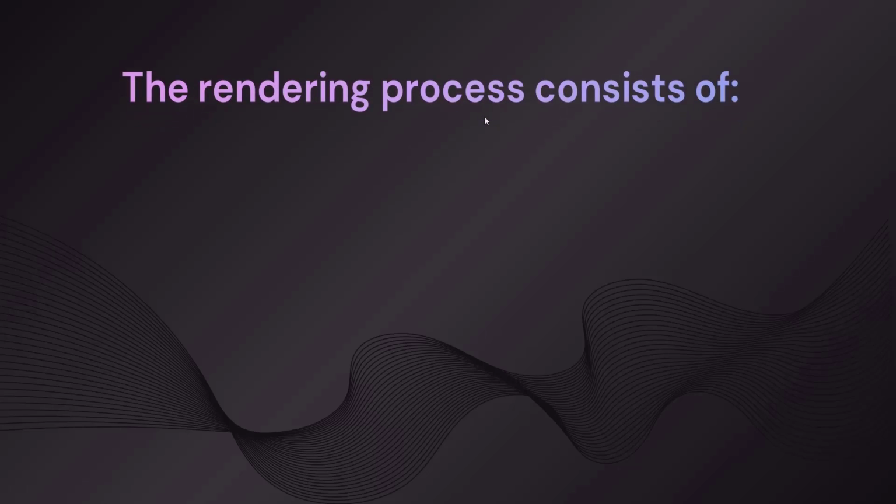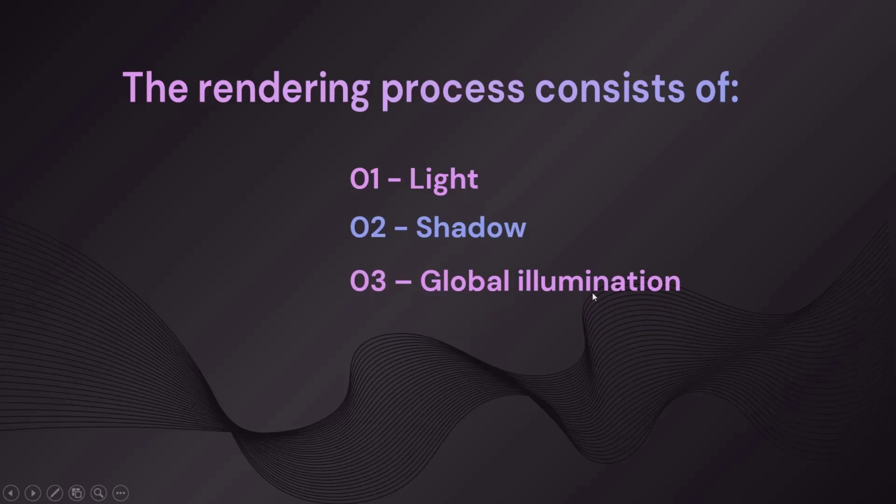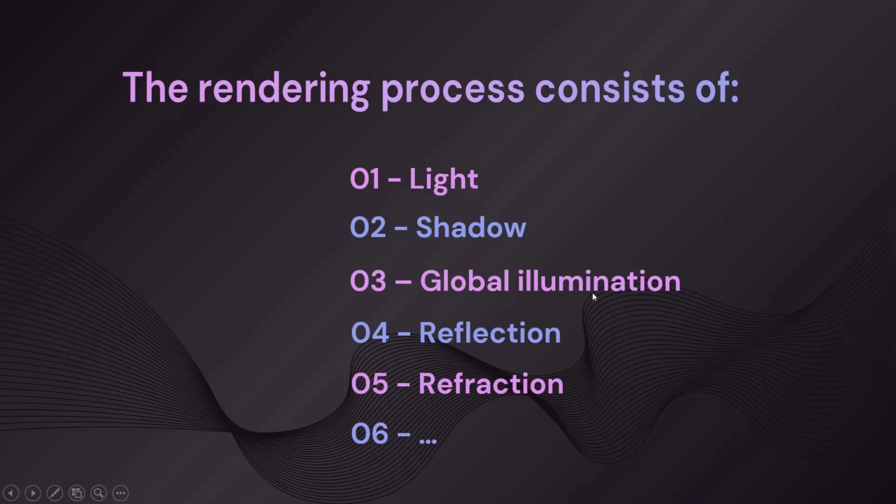So the rendering process consists of different stages, and there are a lot of elements that the V-Ray engine takes into consideration when it's collecting the relevant information. They are in no particular order, but basically the information is related to the light, the shadows, the global illumination that we will talk about, reflections and refractions, and so on.